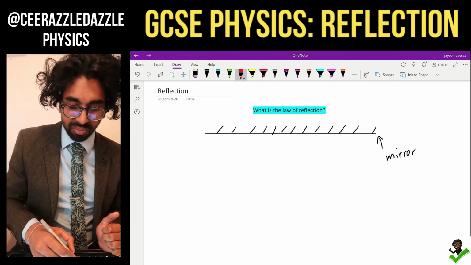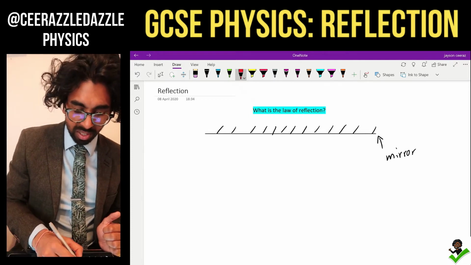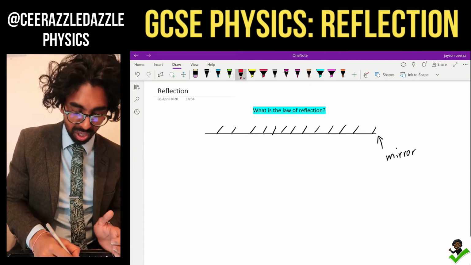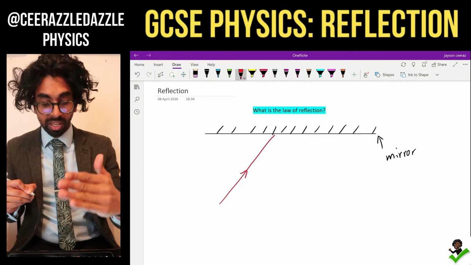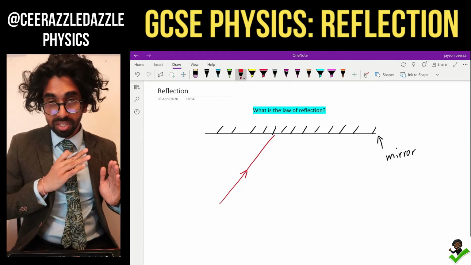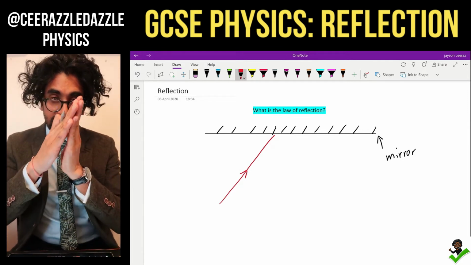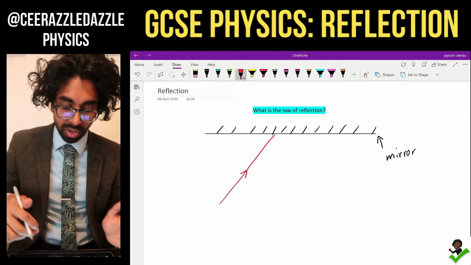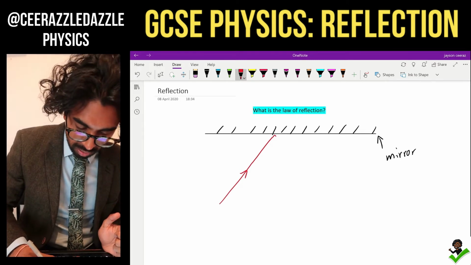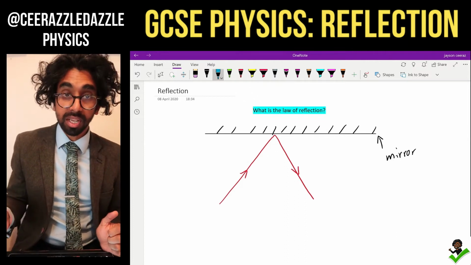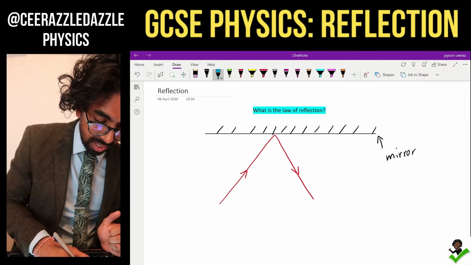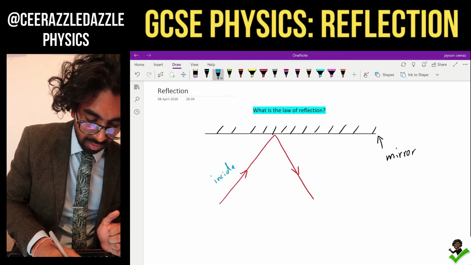So what happens then if I shine a ray of light into the mirror? We're going to shine a ray of light, it's going to go this way. The ray of light is going to go into the mirror. What's going to happen is as it travels and hits the mirror, it will be reflected off the mirror. The ray of light which comes in is called the incident ray.